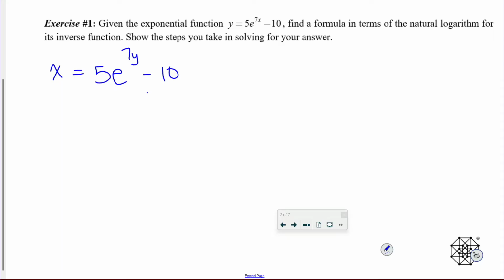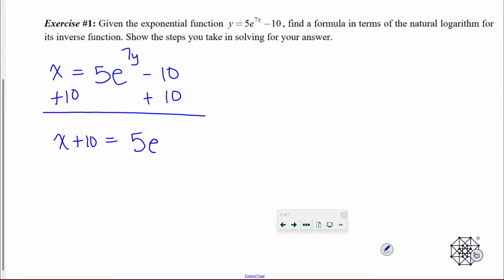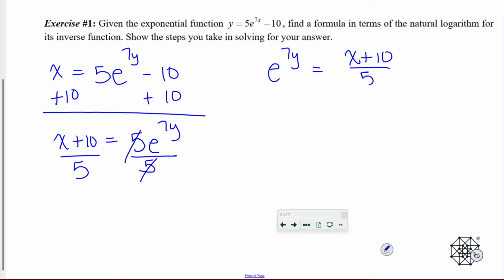So, first things first, let's add 10 to both sides. All right, we'll have x plus 10 is 5e to the 7y. We'll divide both sides by 5. We'll get e to the 7y is equal to (x plus 10) divided by 5. There's no real need to distribute that division at this point, so I'm not going to.